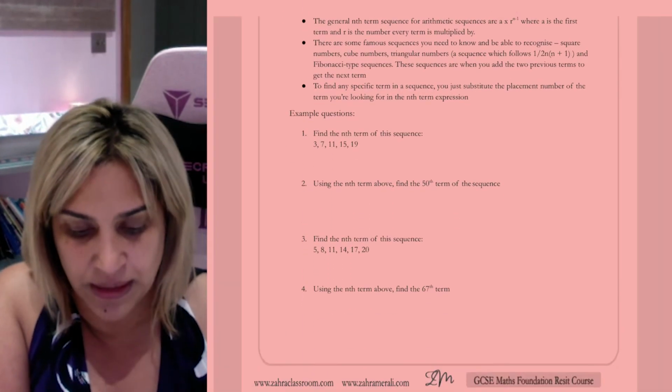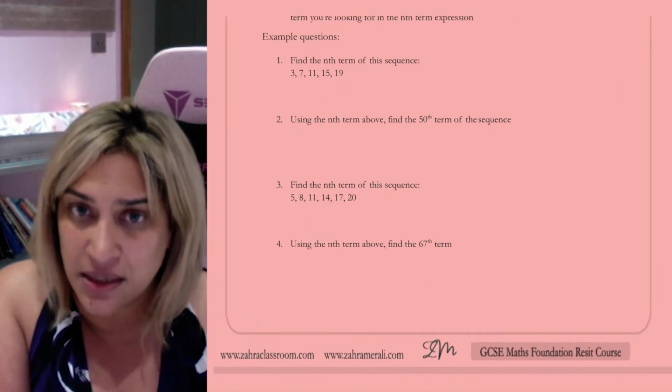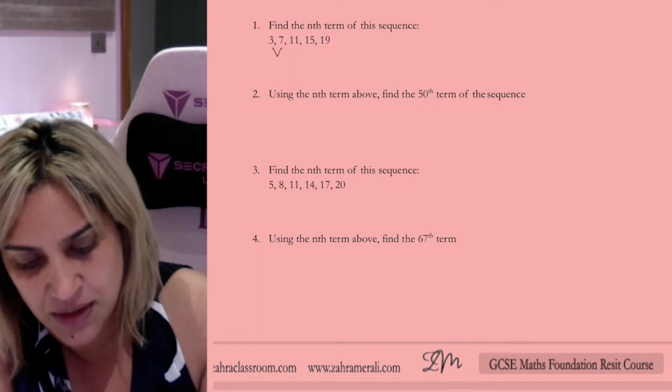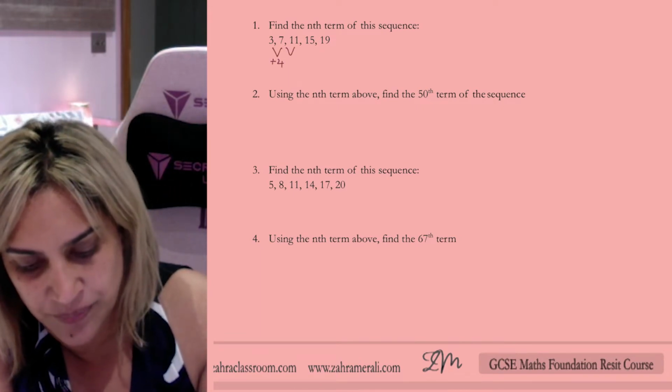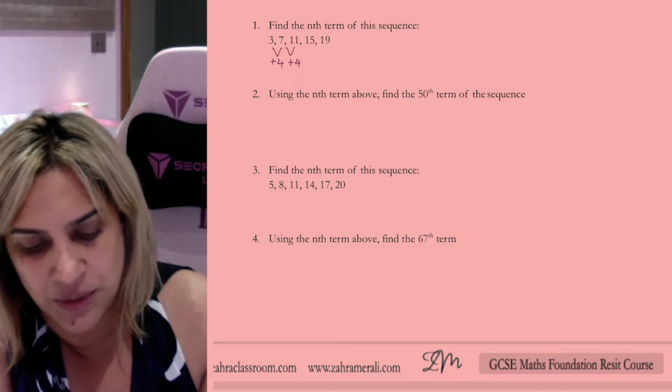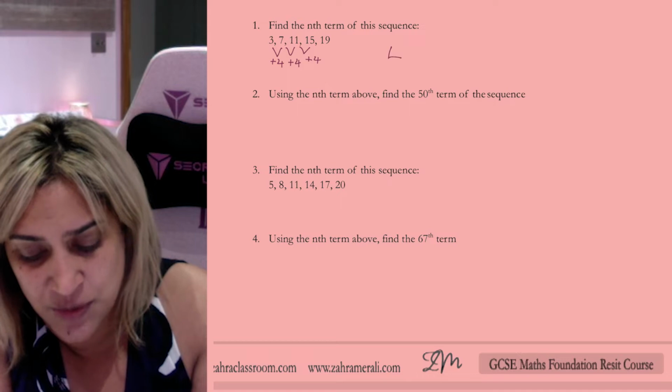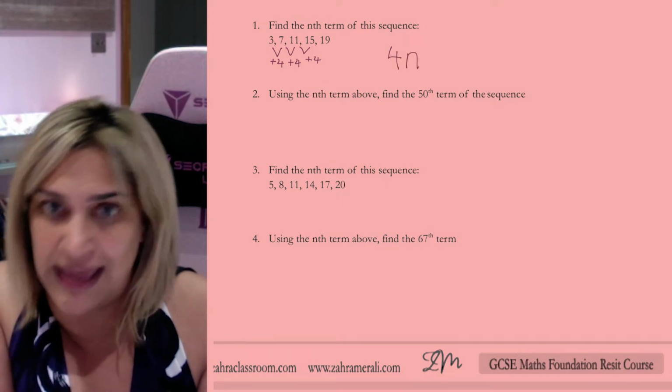The notes are here, you can go through them, but I wouldn't worry too much if you can follow the questions. So we're going to find the nth term of this sequence. You're going to first look for the difference. So every time we're adding 4. As soon as we find out what we're adding, we write 4 and then n.